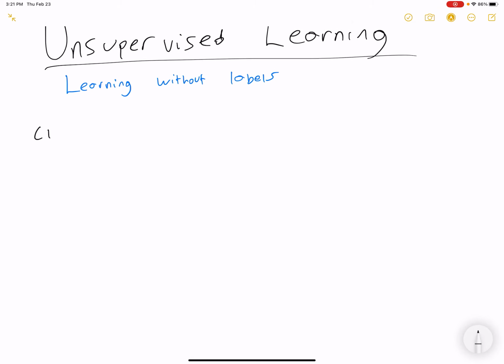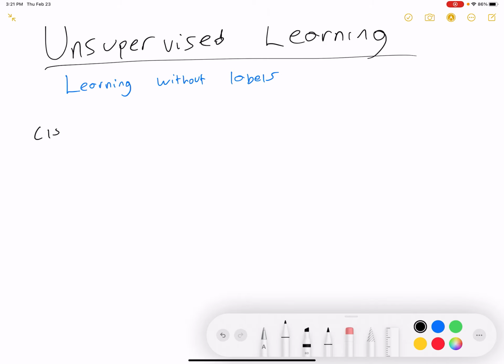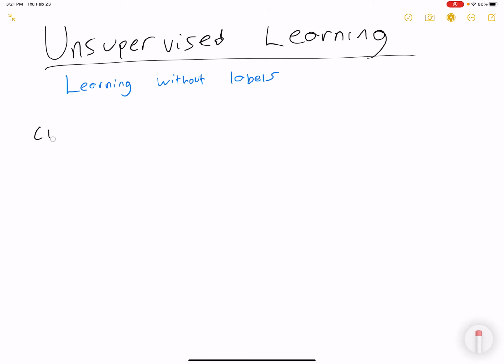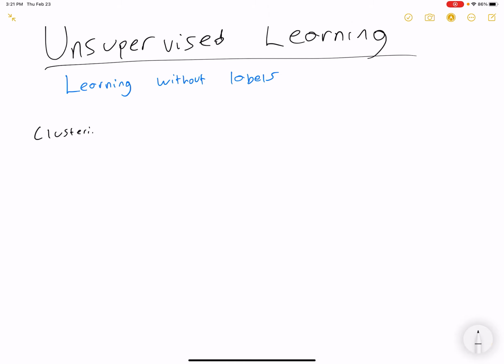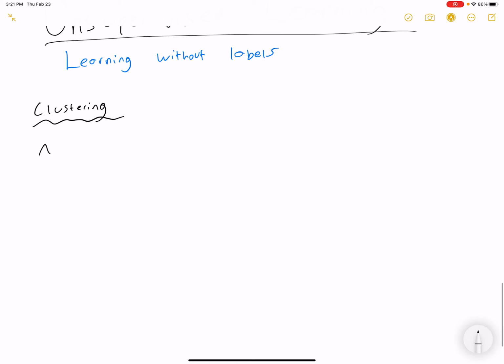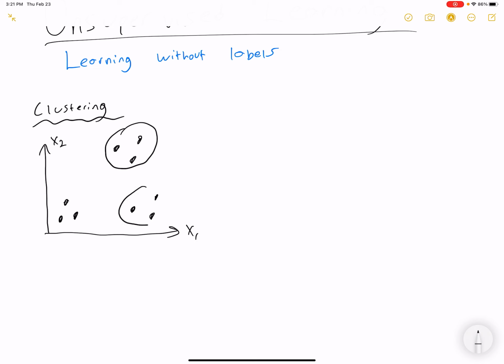One type of unsupervised learning, and this is review from class 1, but since we're starting a whole new section, it's good to review this, and I guess for the exam as well, is where you have a bunch of unlabeled data and you want to group them automatically into different categories.